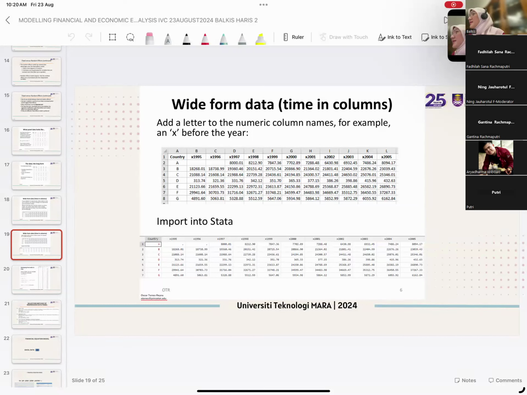Belum ada. Can someone shout? What do you all use for the data analysis? Can someone shout or tulis? Yeah, some of us used MATLAB normally, Doctor. Oh, you use MATLAB. All right.